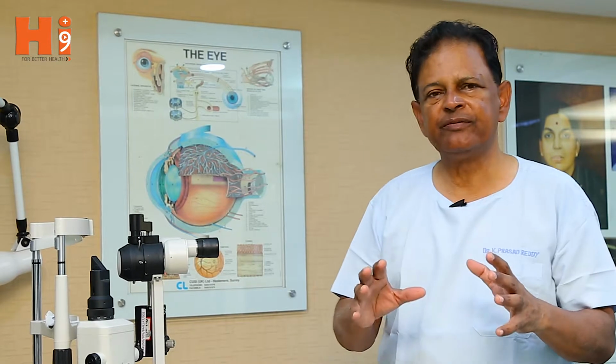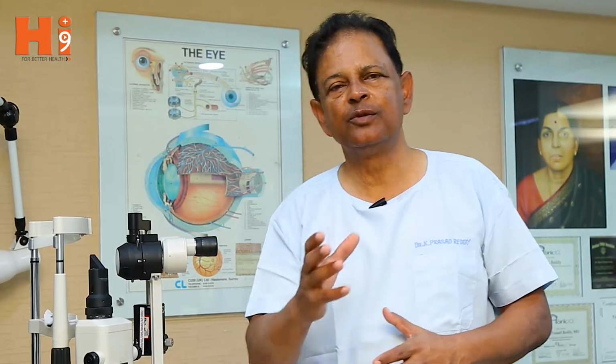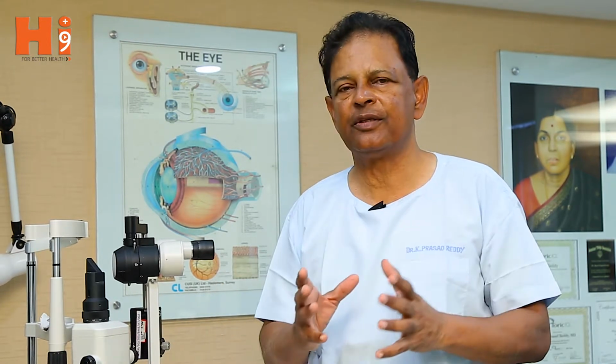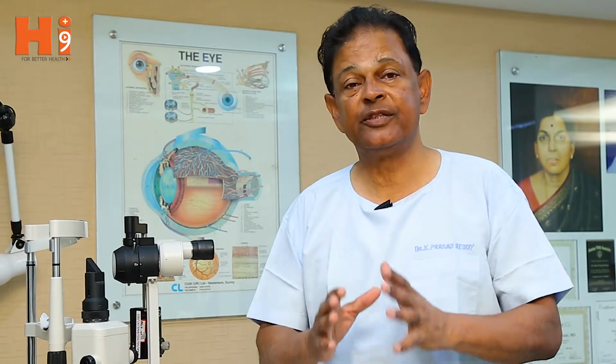So what can we do to prevent diabetic retinopathy? It's a silent killer of eyesight, silently it reduces. The patient will not know. By the time you get to know, it's too late.